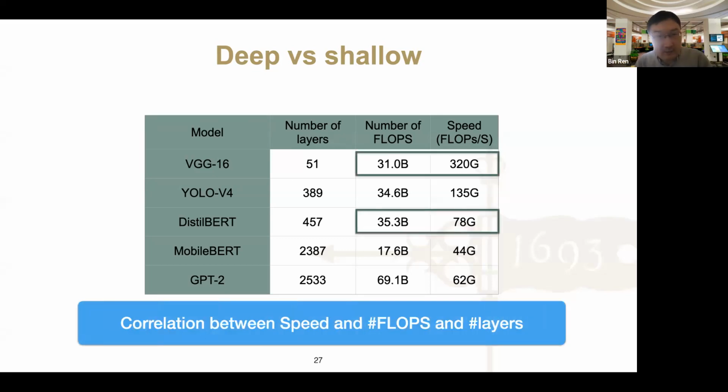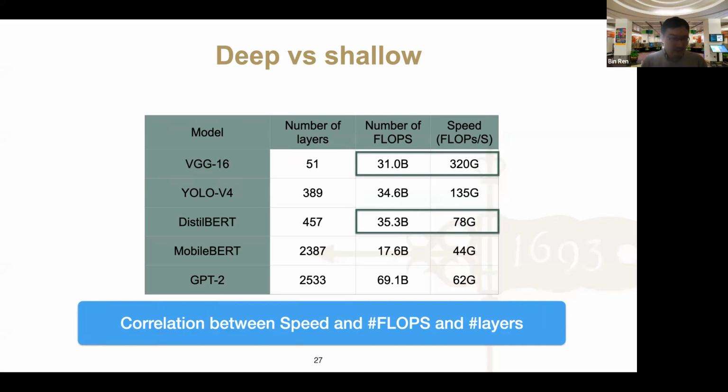Particularly if we compare VGG16 and DistilBERT, their overall computations are very similar to each other. One is 31, one is 35.3. However, if you compare their inference speed, VGG16 is much faster than DistilBERT.